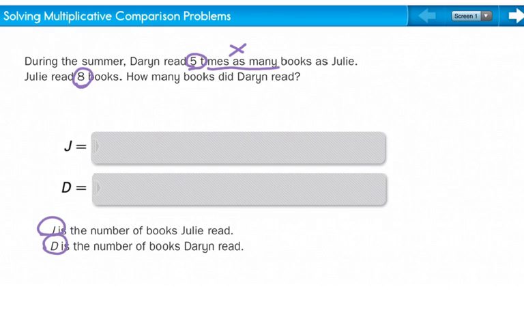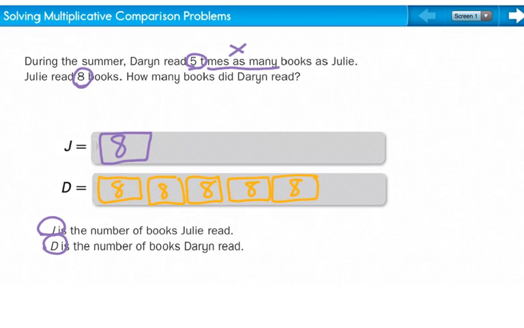Well, Julie read 8 books. I could actually draw what might look like a book. She read 8. Darren read 5 times that much. So he read 1, 2, 3, 4, 5 times as many.